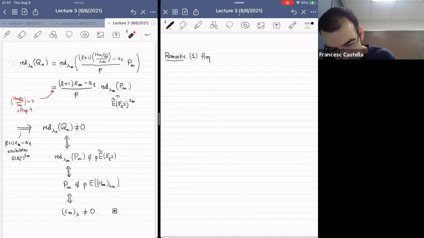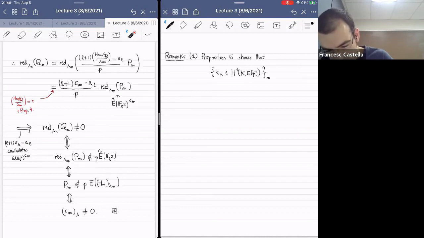So proposition 5 shows that the classes form a Kolyvagin system.